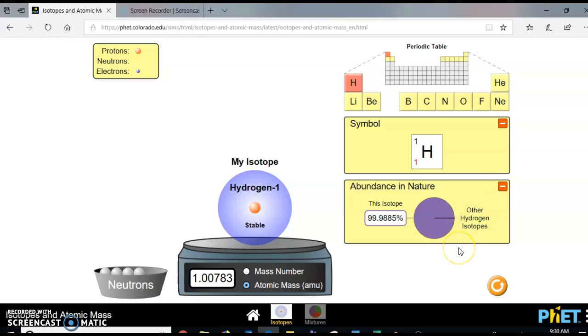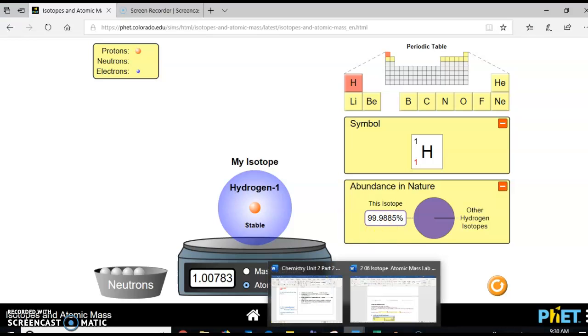And you can see they're showing you the percent abundance of this particular isotope. So for hydrogen 1, its abundance in nature is 99.9885%. So most of the hydrogen in the world is hydrogen 1. You'll be collecting all of this data. So in your data table, let me open it up for us really quickly.